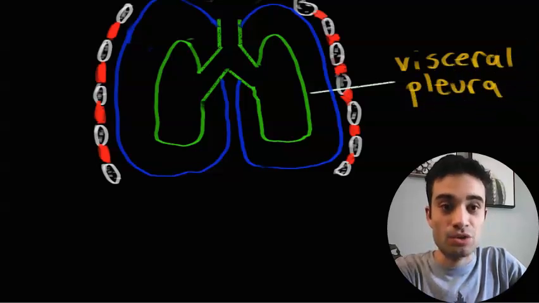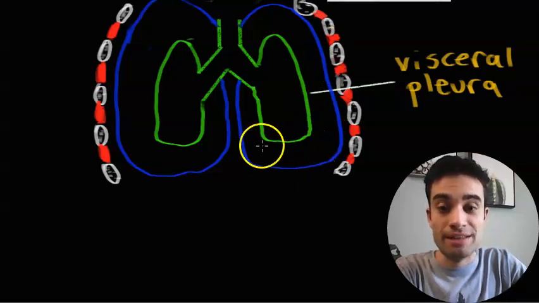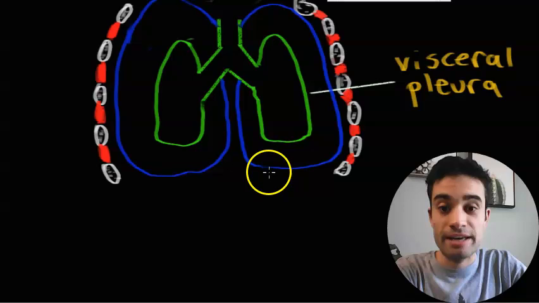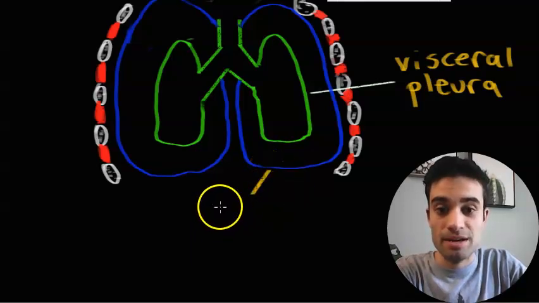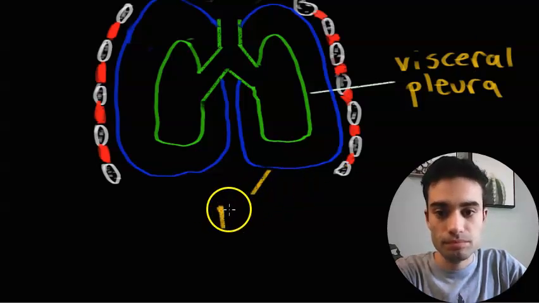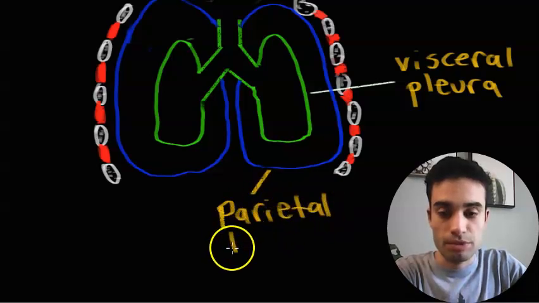Now the lungs also have other components as well. The lungs also have a covering that's around and attached more so to the ribcage itself. This is known as the parietal pleura right here. Parietal pleura.